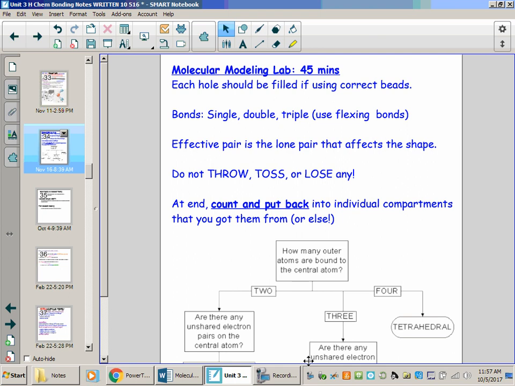Guys, I'm coming around to see build structures. So start building some. Okay, I think that one.